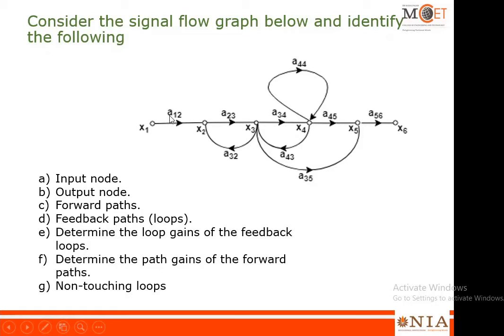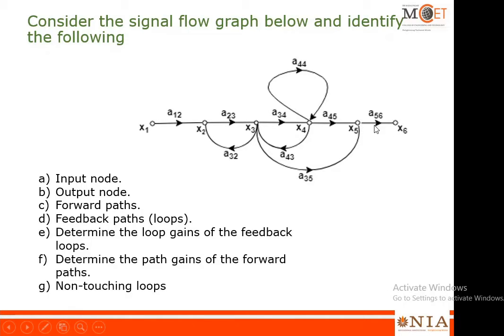So for the first forward path, the path gain is A12 into A23 into A34 into A45 into A56. Whereas the path gain for the second path is A12 into A23 into A35 into A56.